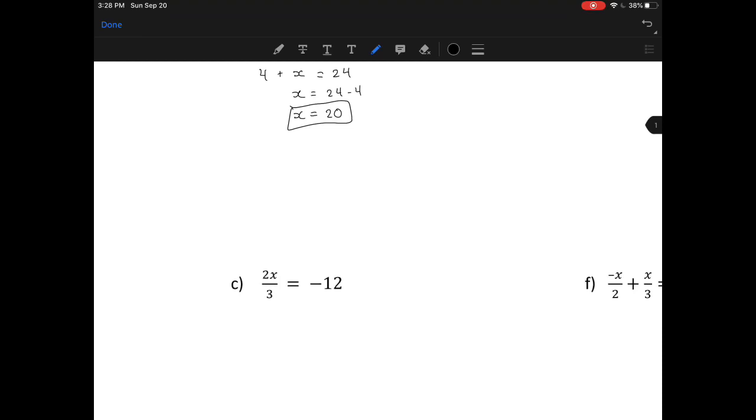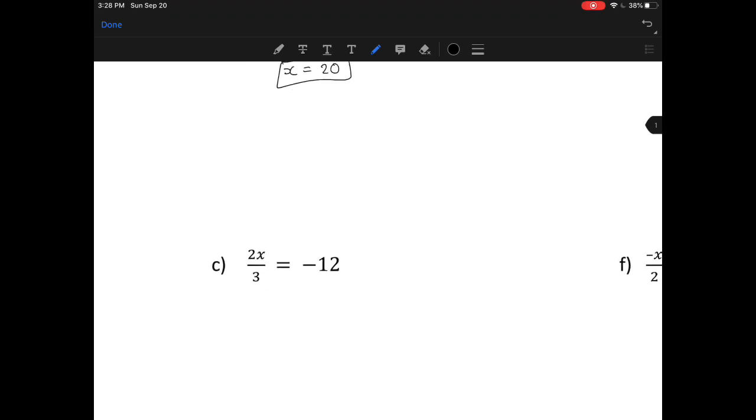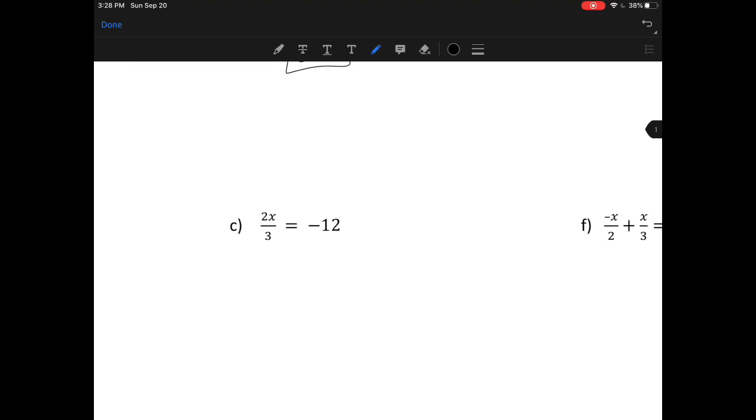Same thing here. We want to get rid of our denominator. That means we're going to have to multiply both sides of the equation by 3. So 2x over 3 equals 3 times negative 12.